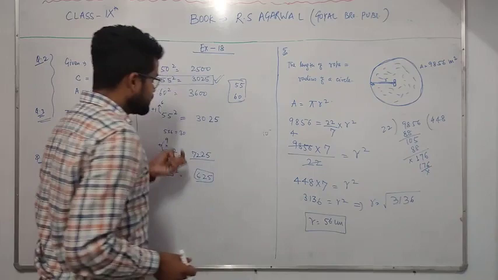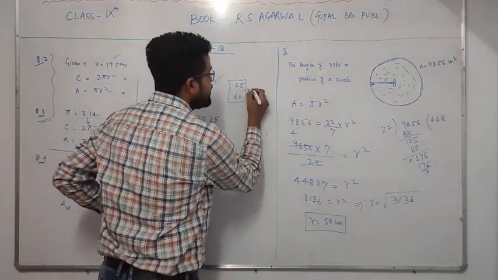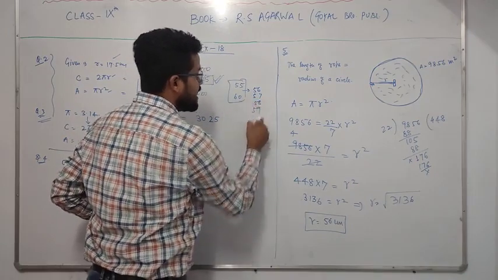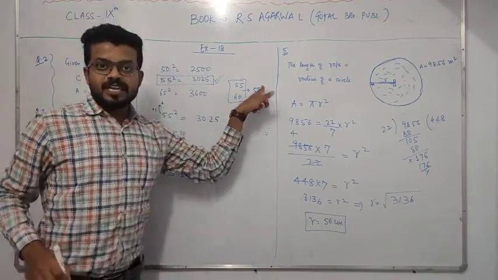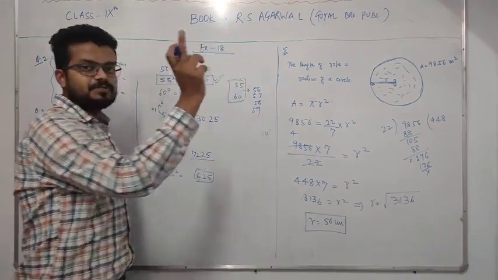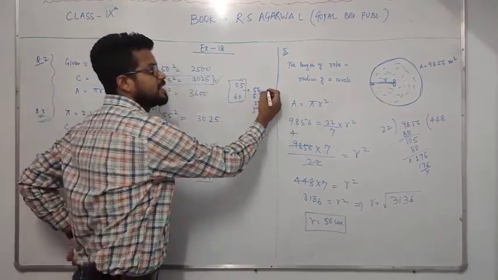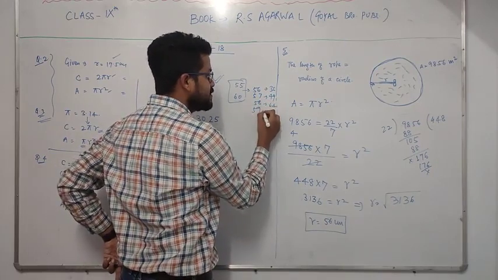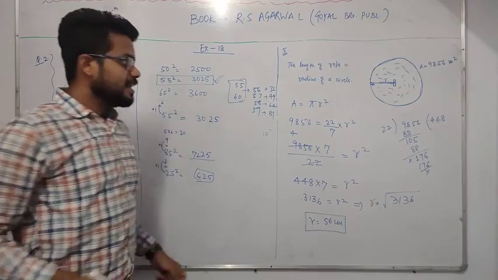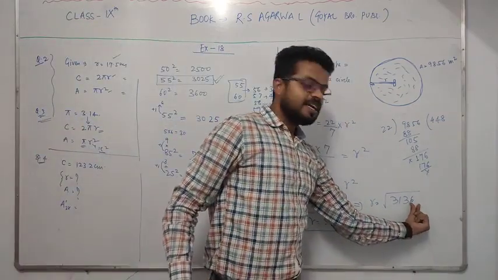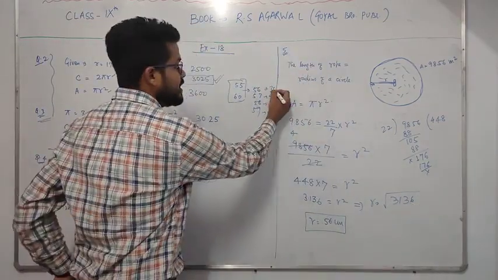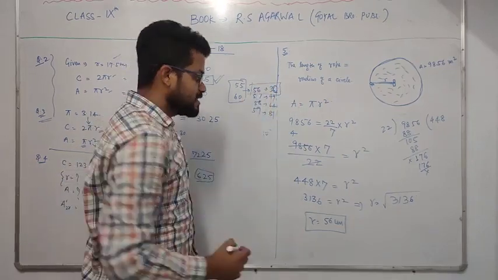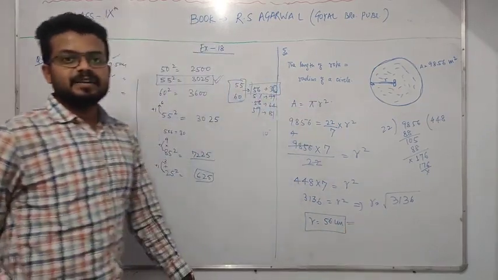So simply write 56, 57, 58 and 59. You know 6 square is 36, 7 square is 49, 8 square is 64 and 9 square is 81. Here at the unit place, what is the value? 6. So most probably this is your answer. So I write here 56 centimeter.